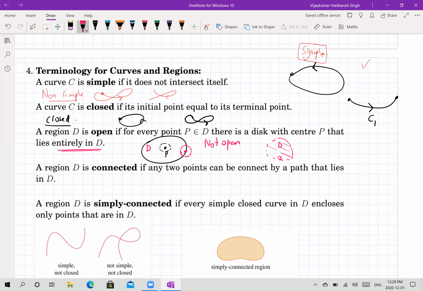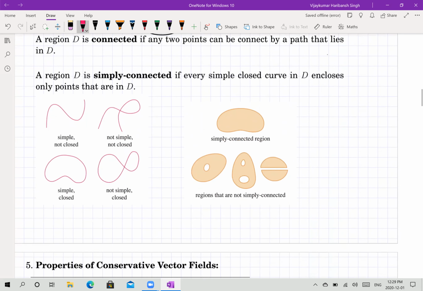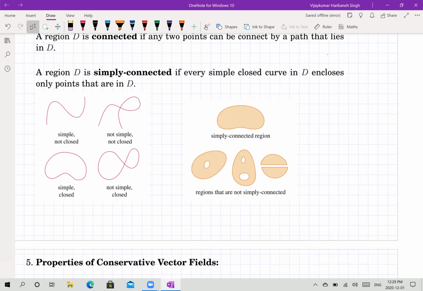A region D is connected if any two points can be connected by a path which lies completely in D. So here are the examples. This is connected: take any two points, you can join them.